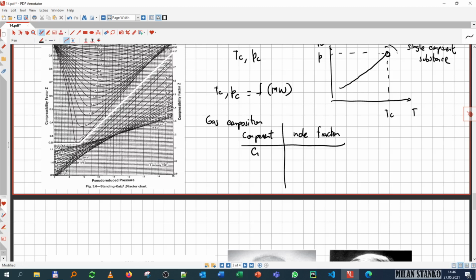Typically you have methane, ethane, propane, etc., and a mole fraction associated with each one of them. We typically don't use the letter X, but the letter Z: Z1, Z2, ZC3. And the sum of all of these, from 1 to n, the number of components, should be equal to 1, because at the end all of them should add up to 1.